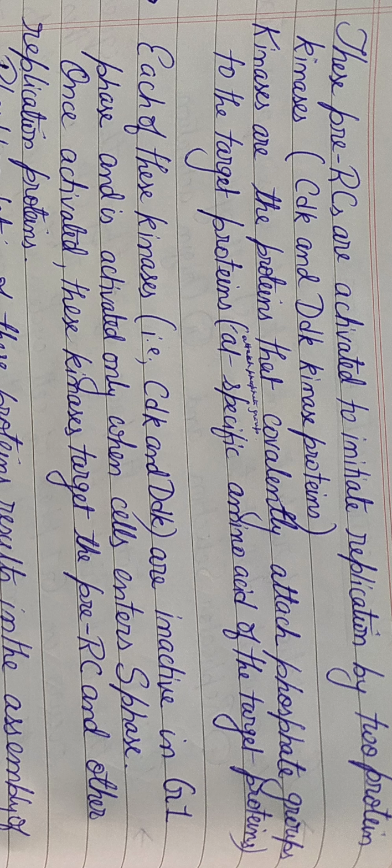At those amino acids, they add the phosphate groups to make them active. So the CDK and DDK kinase proteins are needed here for activating the pre-replicative complex to function.